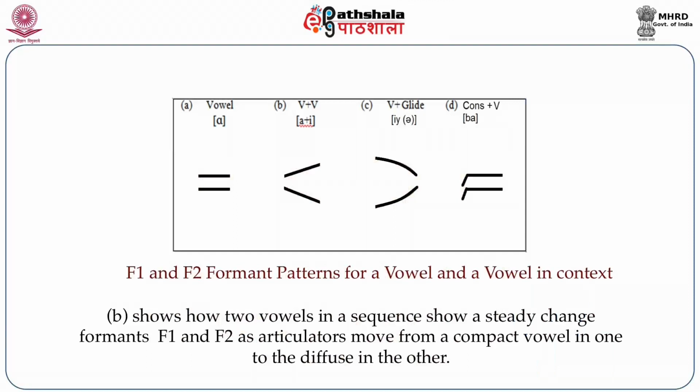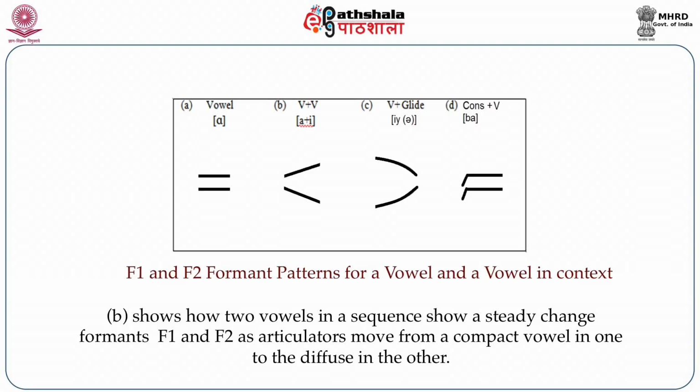But if you have something like A, two formants are close together, E, two formants are very far apart, then you start from one position and go over to the other if it's a sequence of A and E together. A, E. You will find the two formants starting at one point and moving apart.